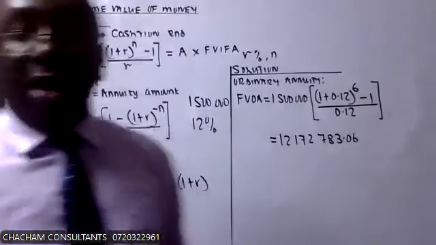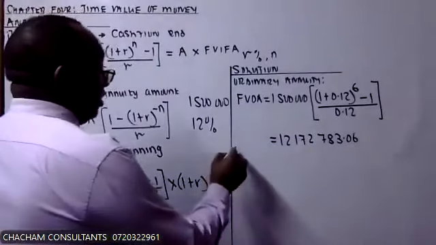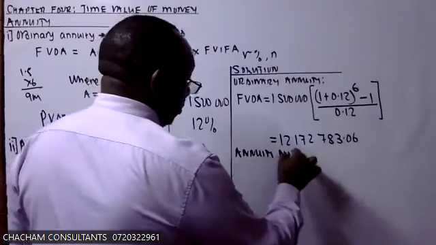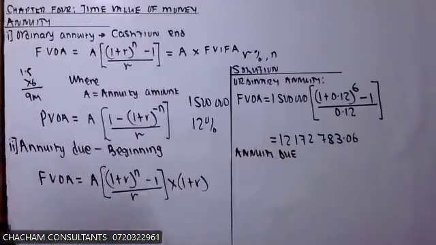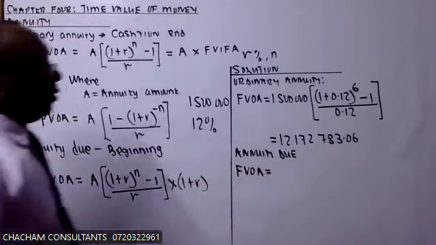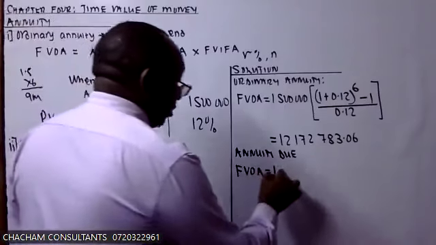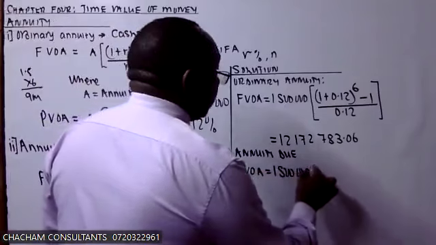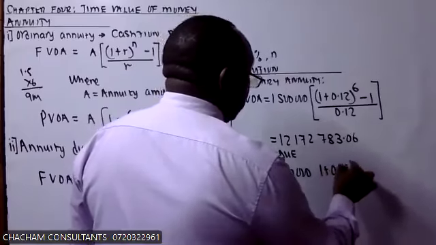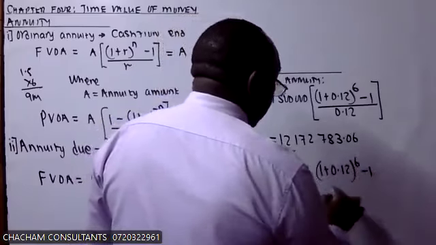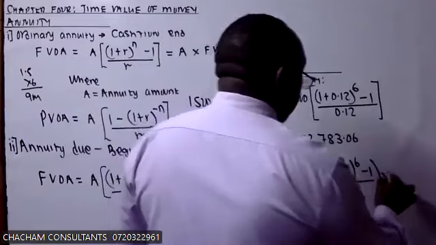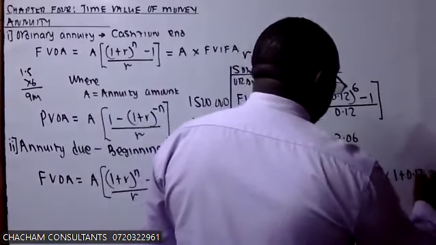Yeah. So the second way is when you look at it as annuity due. Annuity due. So every year it is 1,500,000 times 1 plus 0.12 raised power 6 minus 1, you divide by 0.12, then you multiply by 1 plus 0.12.